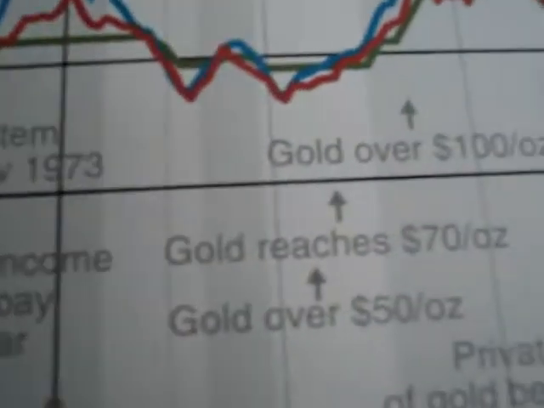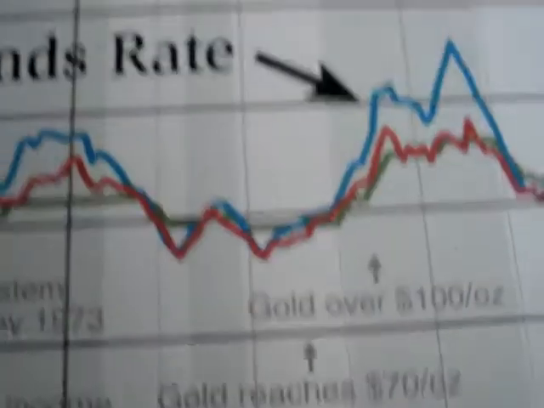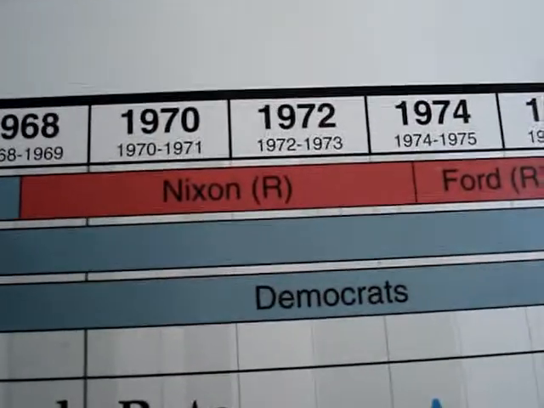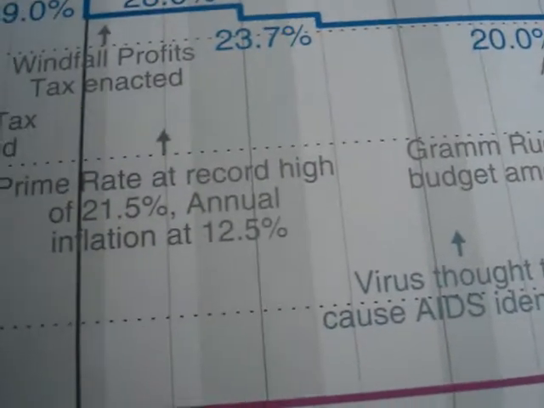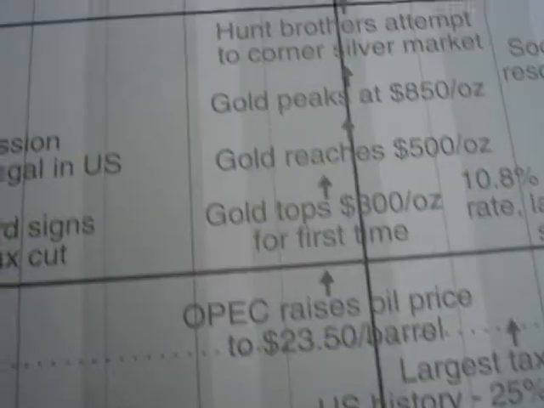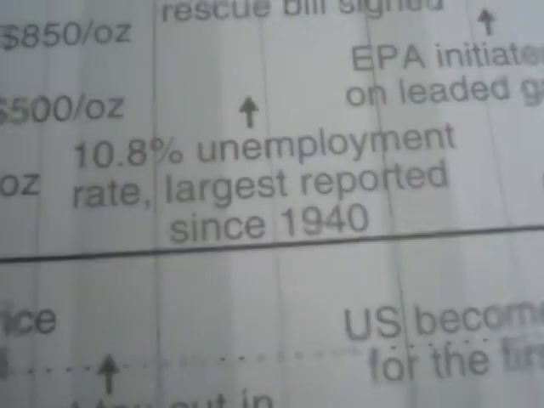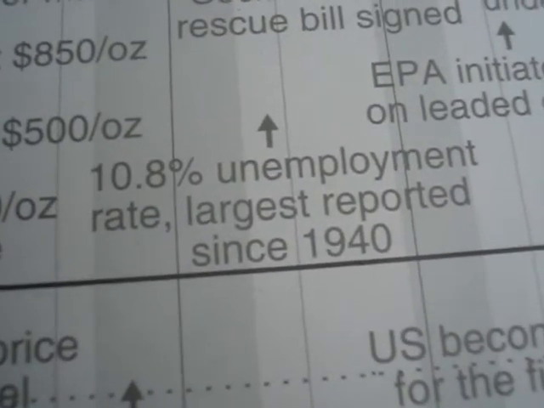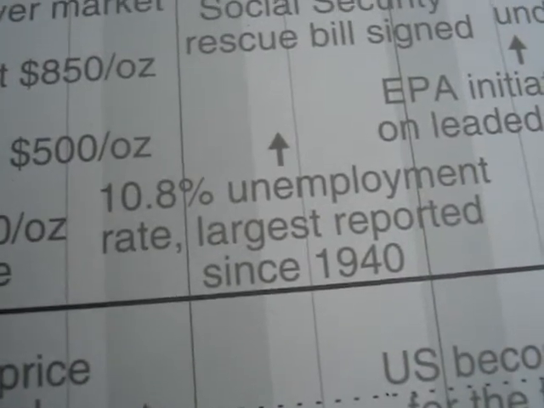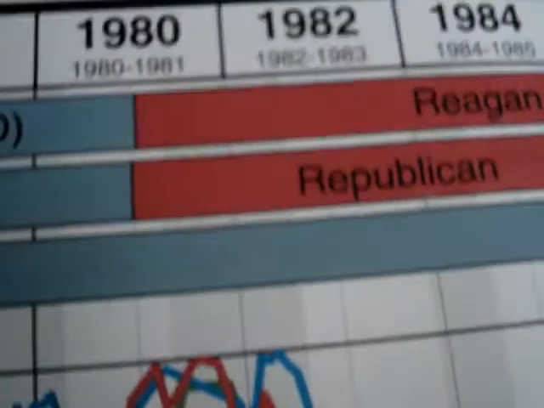Right here, you can see gold in the early 70s. Just a few years later. Right here, unemployment, largest reported since 1940, back in the days of Reagan.